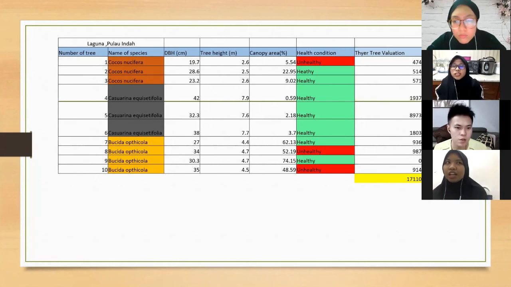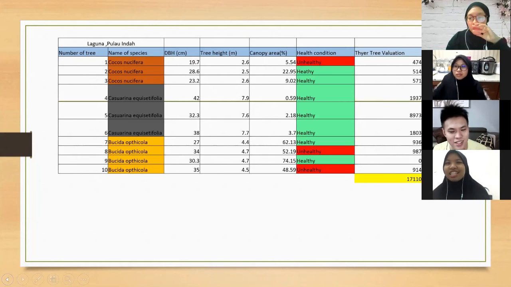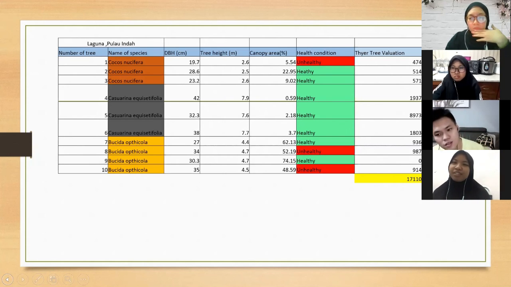I noticed that the Cocos nucifera has pests, and for Casuarina, all of them are healthy. For the other species, the leaves are infected by leaf miner and damaged because of pruning.